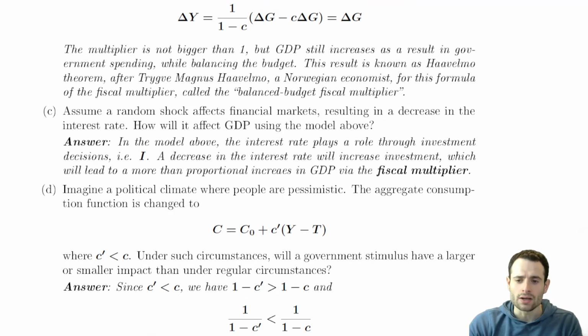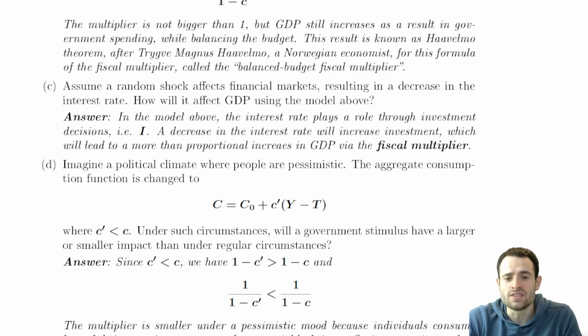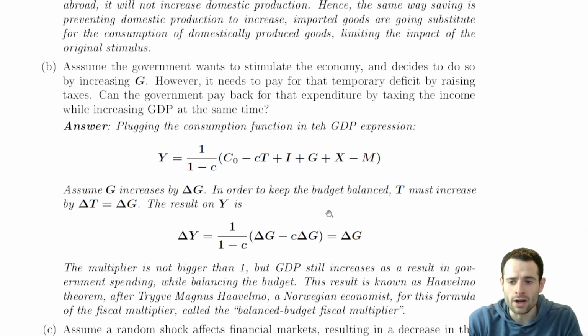Assume a random shock affects financial markets. This shock, whatever it is, results in a decrease in the interest rate. How will that affect GDP using the expenditure approach from above? First of all, we need to understand where the interest rate appears in this equation.